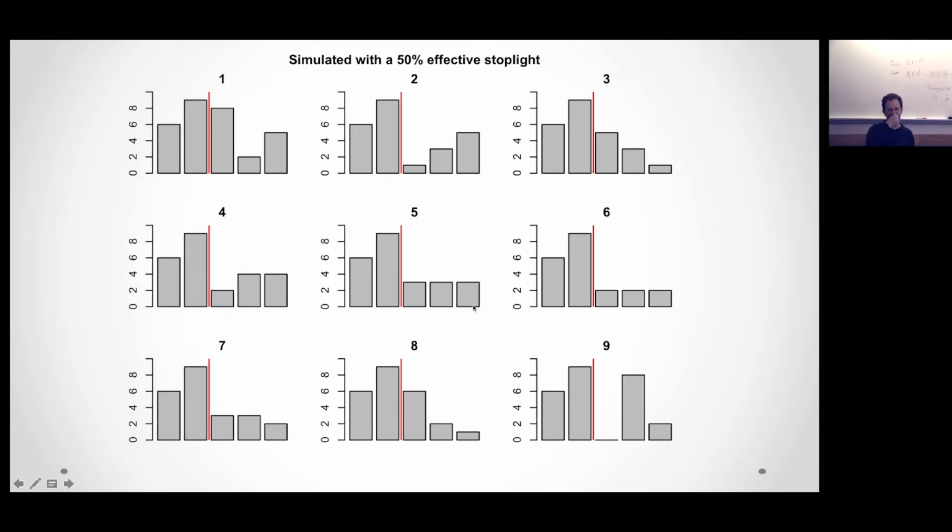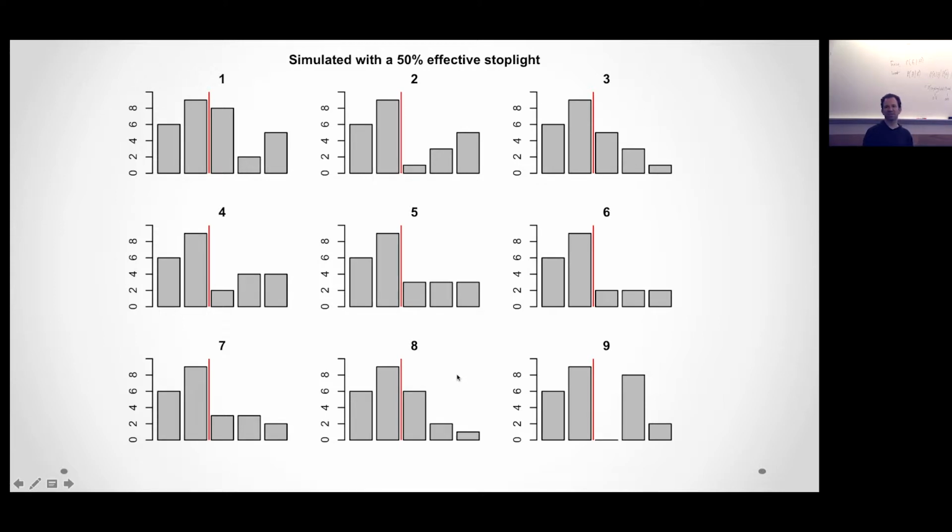Let's say we imagine that the stoplight reduces traffic accidents by 50%. So we take our model and simulate everything with the number of accidents cut in half, and we ask how often we see a reduction by our definition. In this case it's 1, 2, 3, 4, 5, 6, 7.